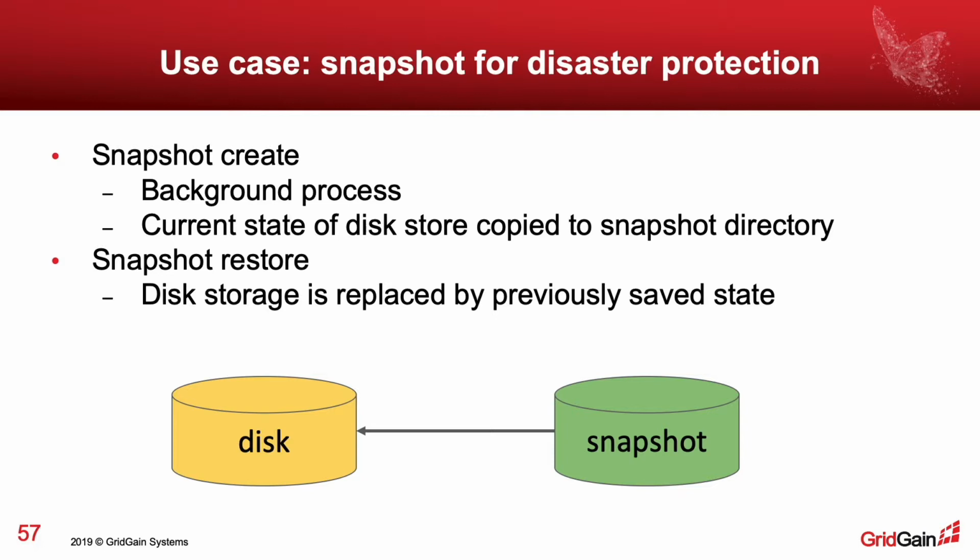You can just replace all your disk storage by the previously saved state that is already present in the snapshot directory, and you will copy it back. For the period of copying your cluster will be unavailable, but when the copying is completed, you just start your Ignite or GridGain cluster, and you find that the state of all of your pages is equal to the state that was saved earlier, and you will just continue working like nothing happened.